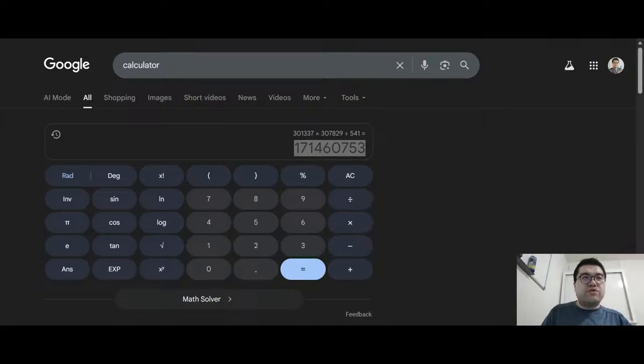So 72 is 8 times 9. So that will be 2 to the third power times another 2. So 2 to the fourth power times 3 squared times 5.